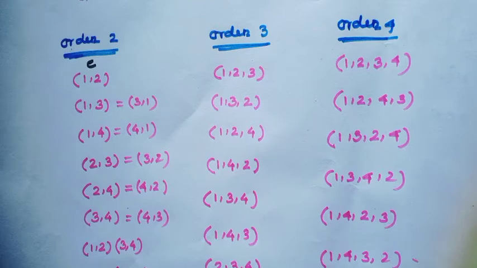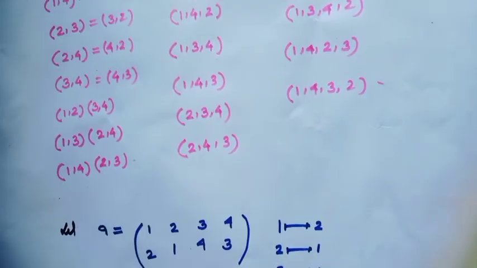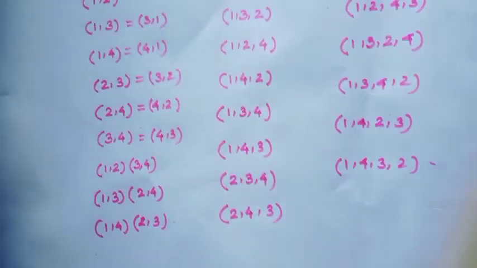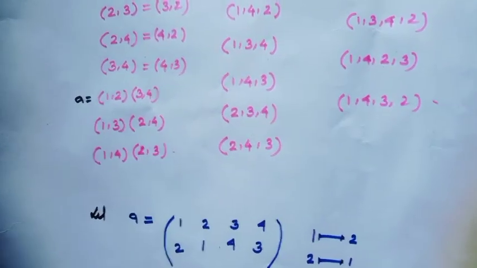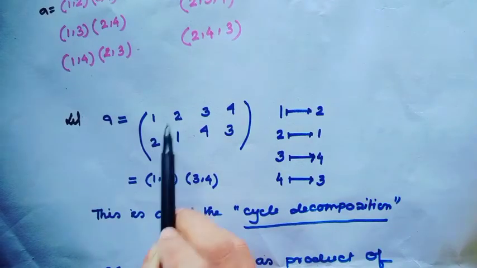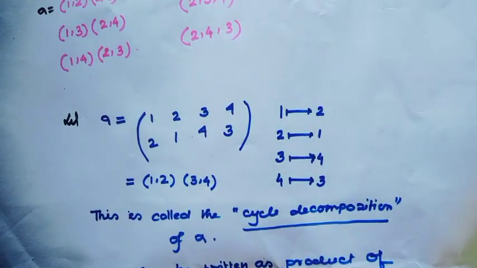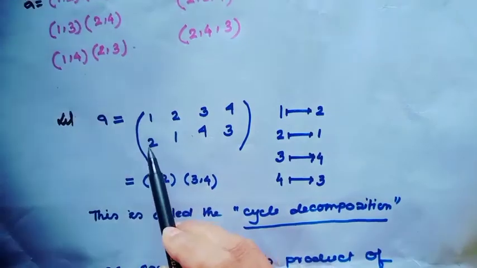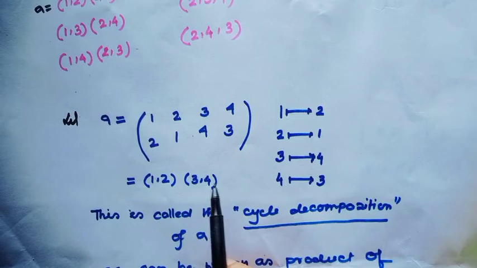Let's consider sigma equal to this cycle. That means here sigma sends 1 to 2, 2 to 1, 3 to 4, 4 to 3. And we can write it as a product of disjoint cycles.